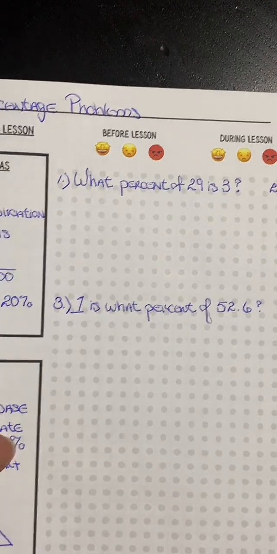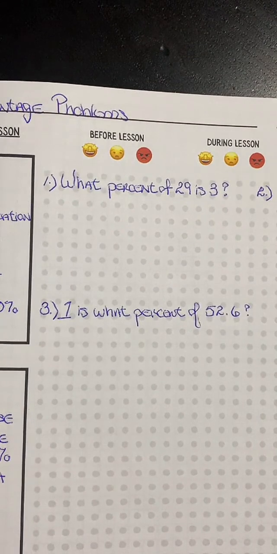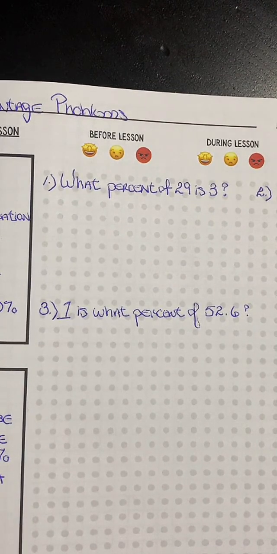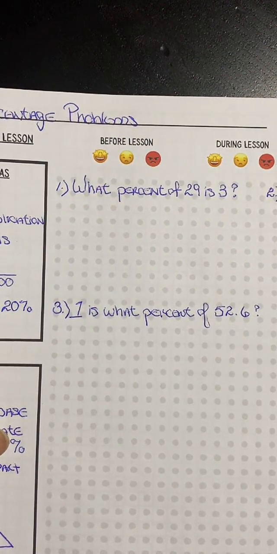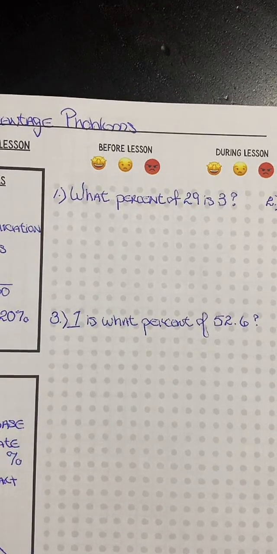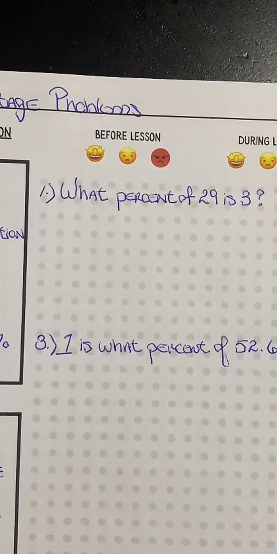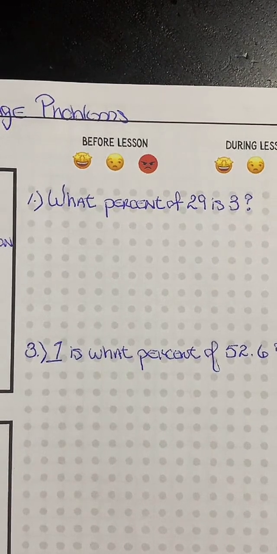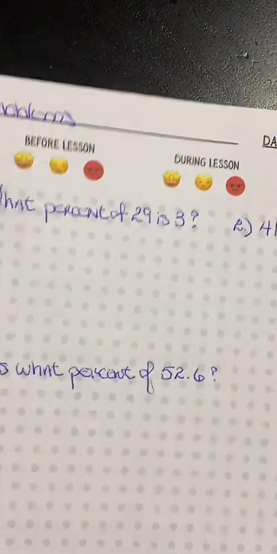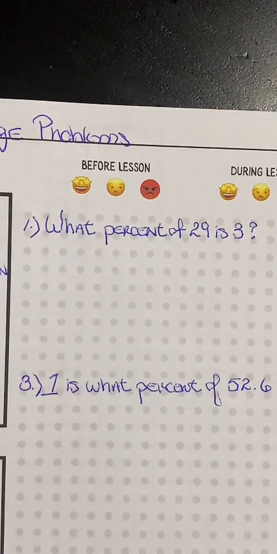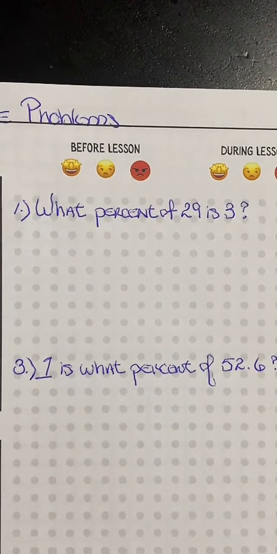All right. So let's roll up our sleeves and tackle this percentage thing to the point that we are super confident with it. First one: what percent of 29 is 3? I know there's a small inkling inside you saying, oh, I don't know if I can do this.